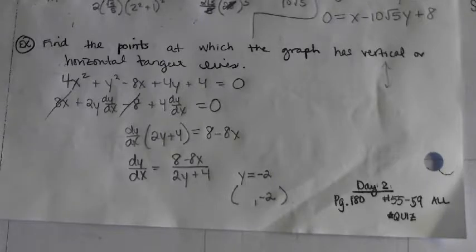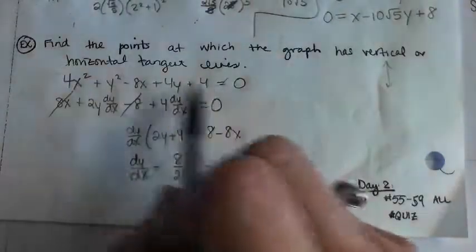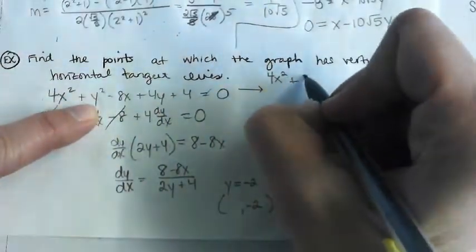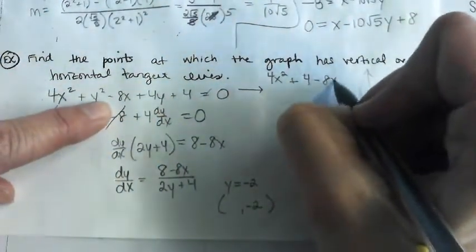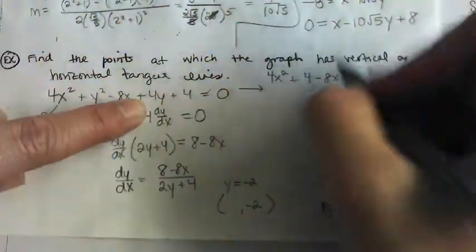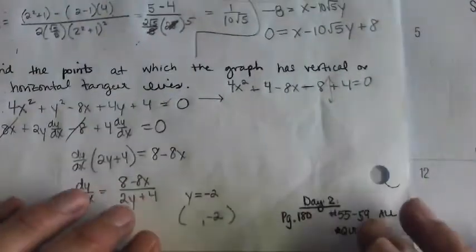What is the x coordinate that goes along with a y coordinate of -2? Or how do you find it? Yep, you go back to the original. So at a y coordinate of -2, we're going to go back up here. 4x squared plus -2 squared is 4, minus 8x plus 4 times -2 will be -8, plus 4 equals 0, and we're going to solve for x.